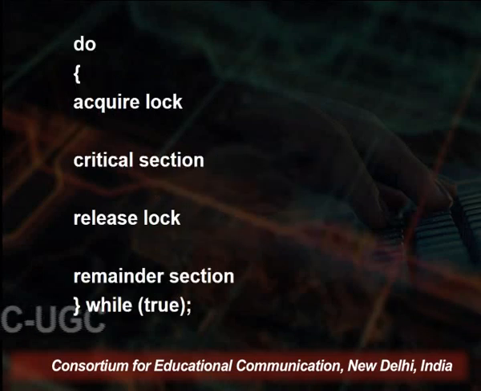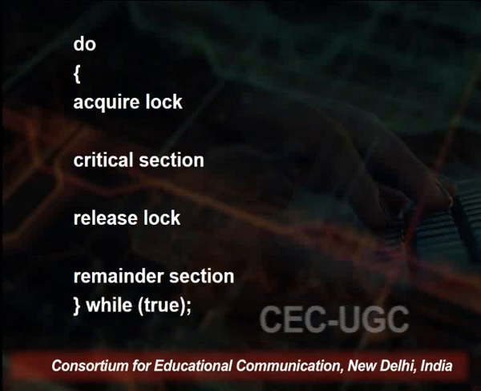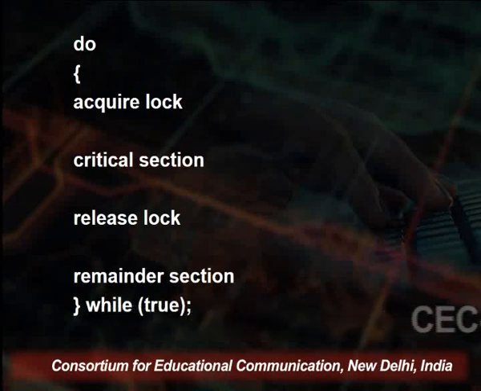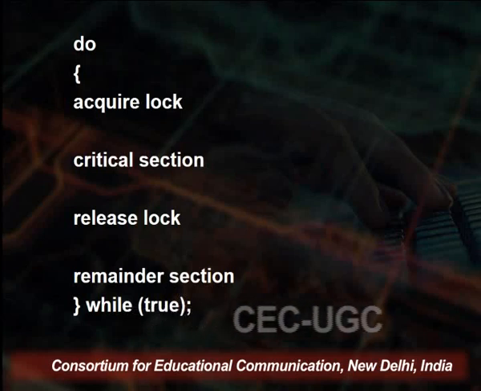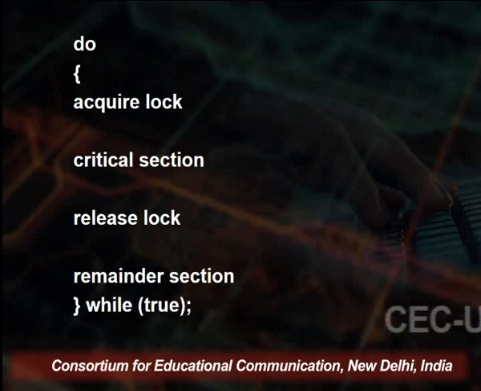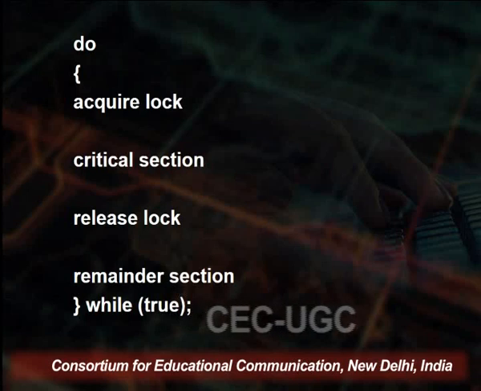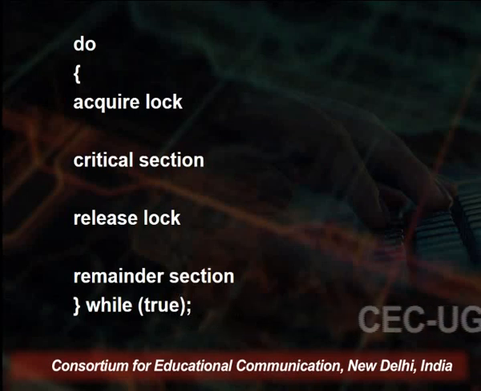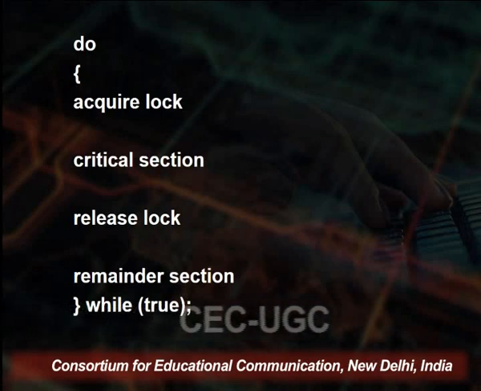Then we come to how this acquire takes place. Before entering the critical section, acquire lock will happen. If acquire lock succeeded, that means the process has taken charge of the lock, and no other process will be allowed to enter the critical section until the lock is released.